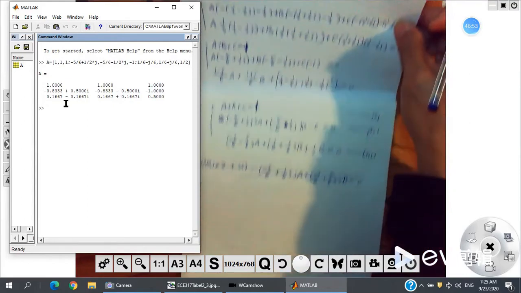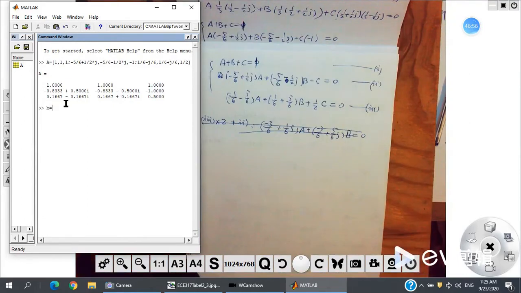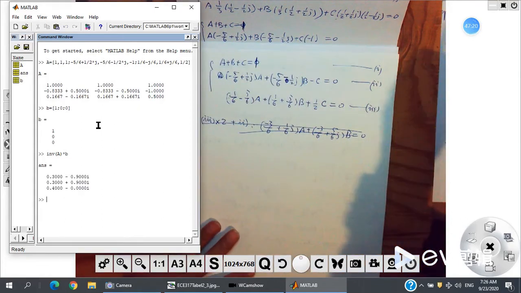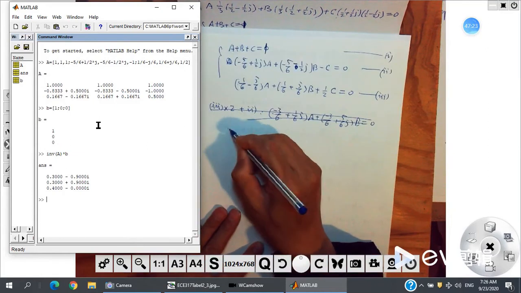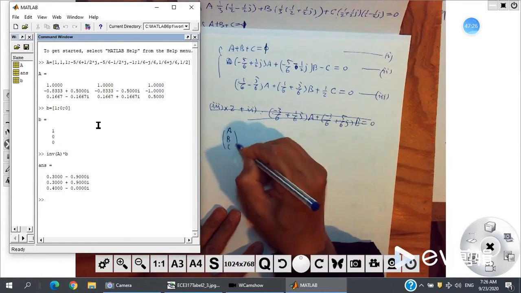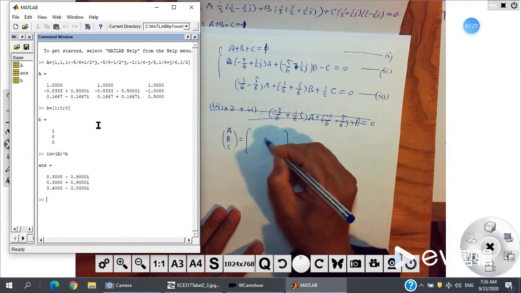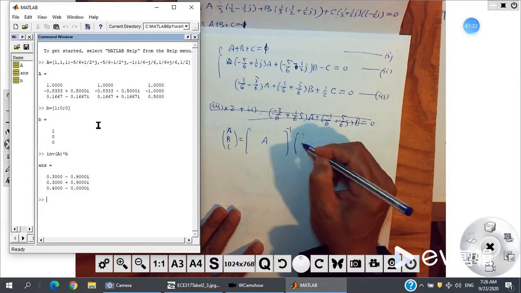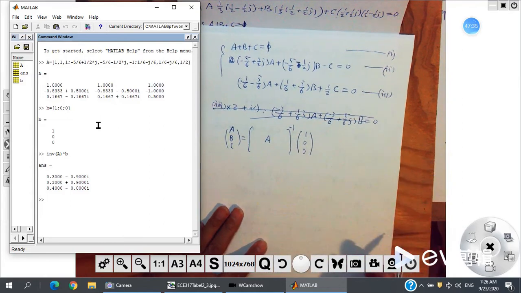So the other side, I have B as 1 0 0. This is B, and the result will be the inverse of A times B. Okay, this will be the answer. So A, B, C equal that matrix A inverse times 1 0 0, as I showed here.